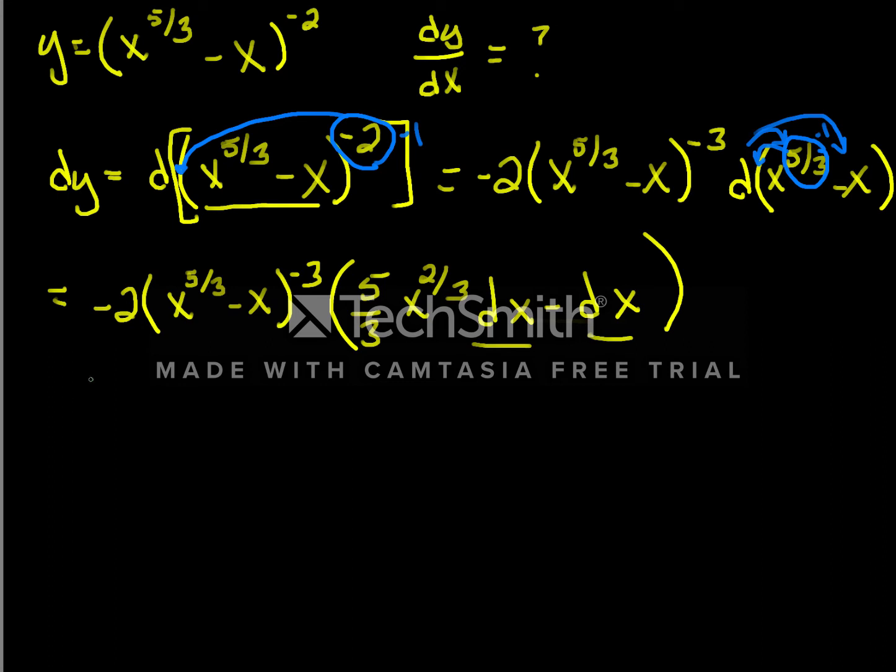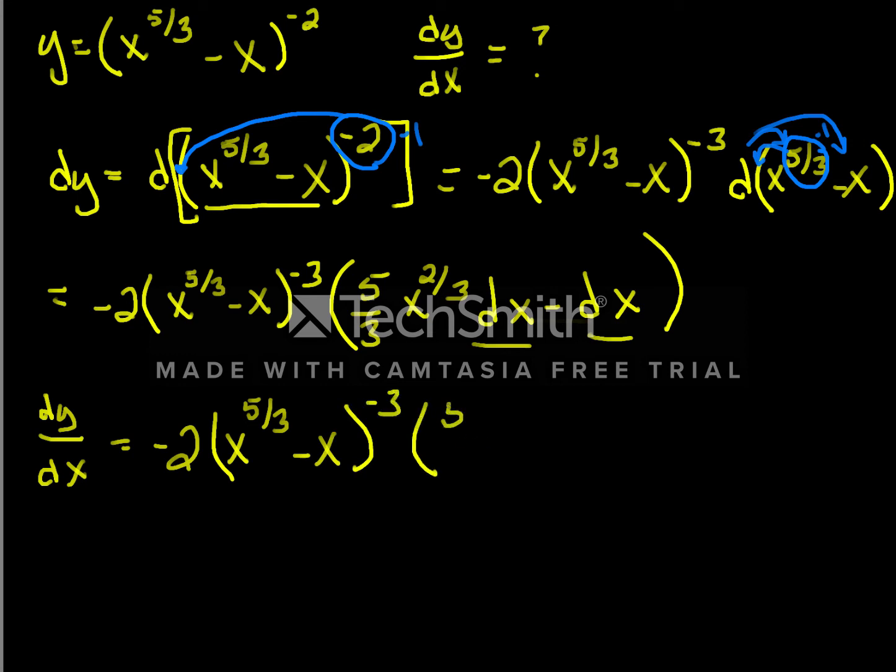So I get that dy/dx is equal to negative 2 x to the 5/3 minus x to the negative 3 times 5/3 x to the 2/3 minus 1. And that's our answer.